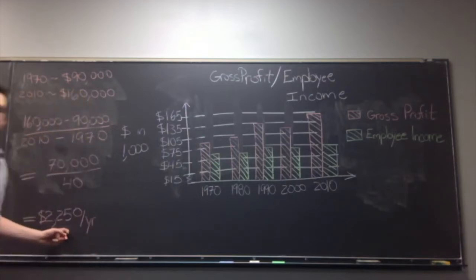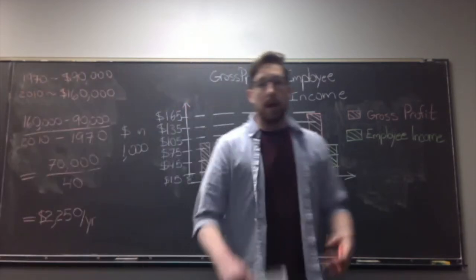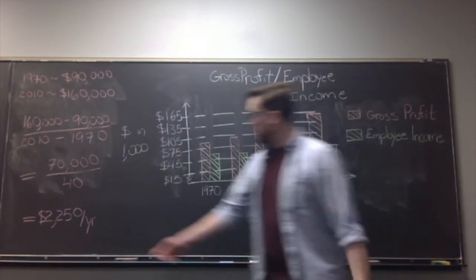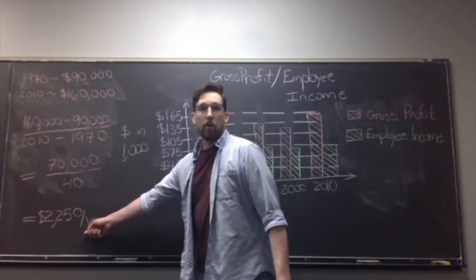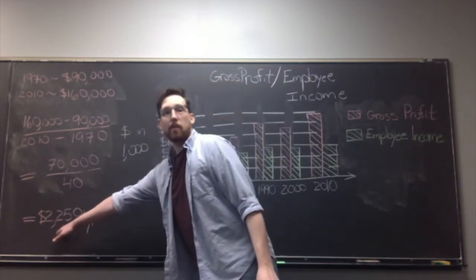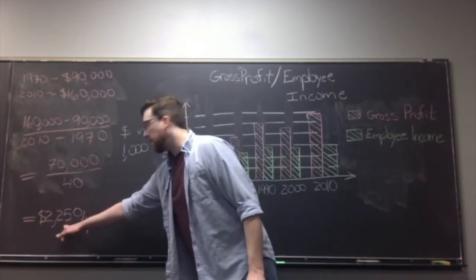This is about how much every year the company makes more than the previous year. So year one, we're going to make so much. The next year, we're guesstimating that we're making about $2,250 more.